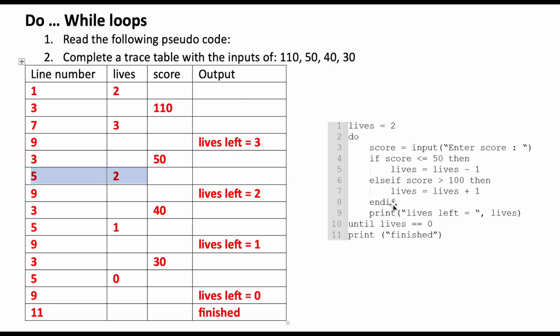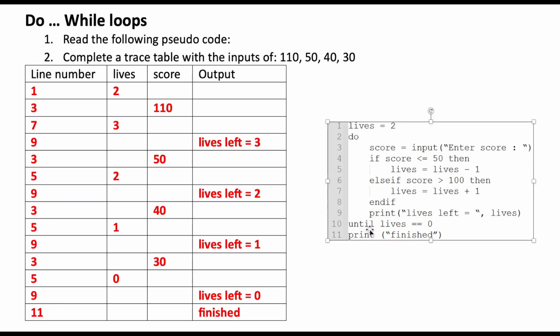It won't execute the else part of the if statement because the first part was true. It will then jump to the print statement, print lives left and the contents of lives. So here we can see line 9, the string literal lives left and the content of the lives variable, which is 2.